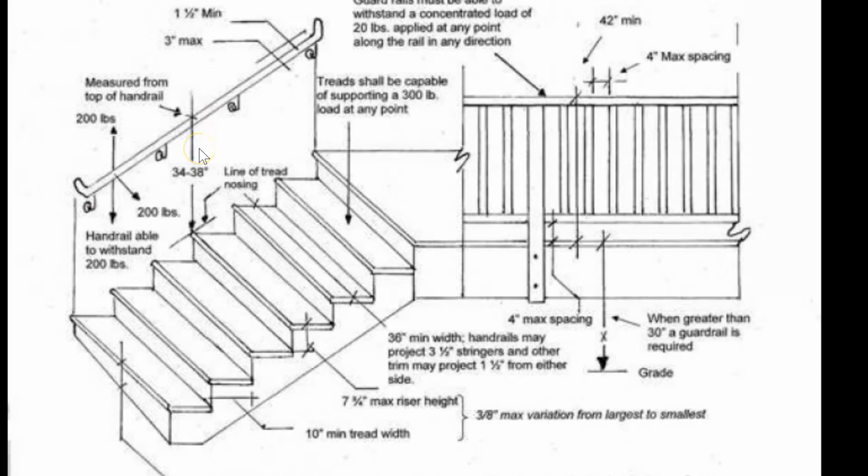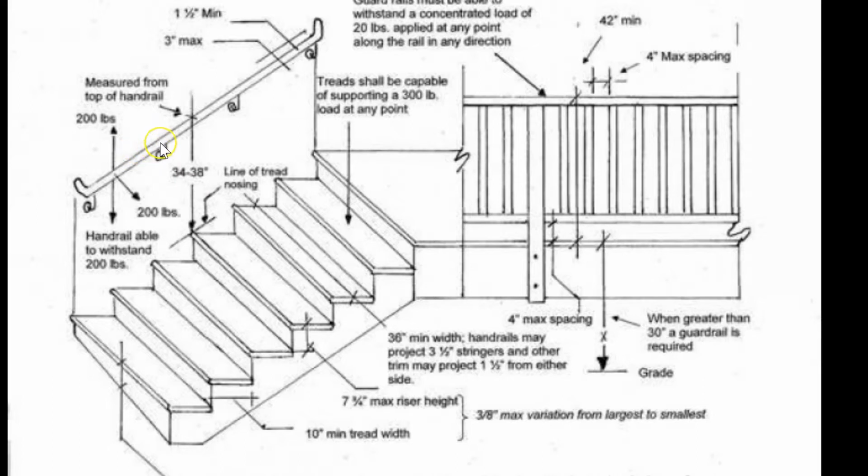The handrail has to be able to withstand 200 pounds from any direction. You would like the handrail to be 34 to 38 inches from the nose of the tread, and measure to the top of the handrail at that point.